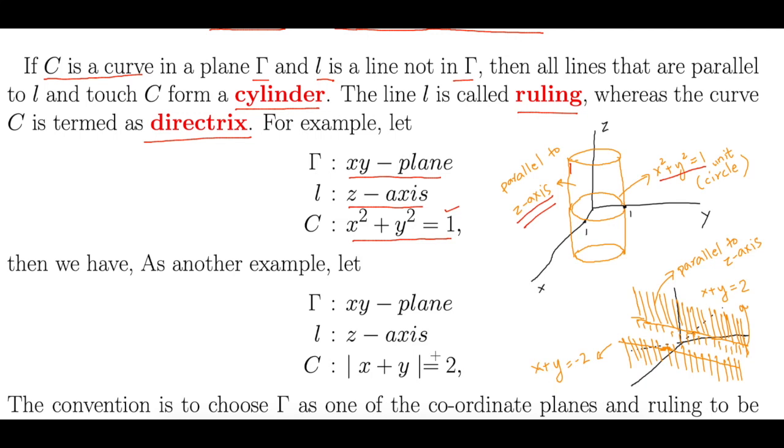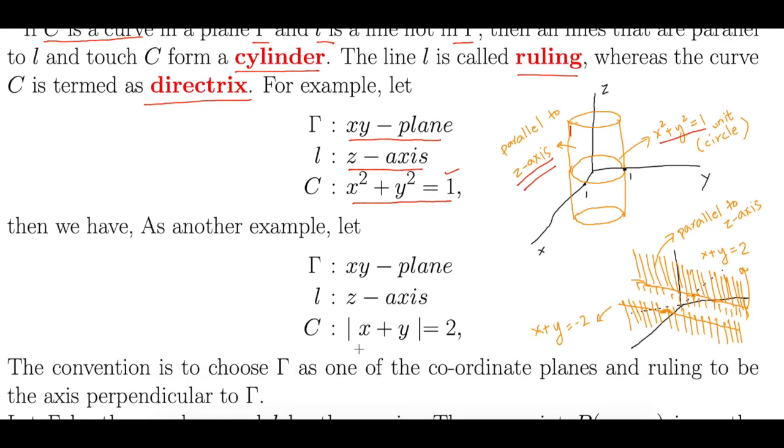Another example, to show that this does not have to be a closed curve. For example, if our curve is given by the absolute value of x plus y equal to 2, this means that x plus y can be 2 and x plus y can be minus 2, correct? So this line is the x plus y equals minus 2 line, and this line is the x plus y equals 2 line.